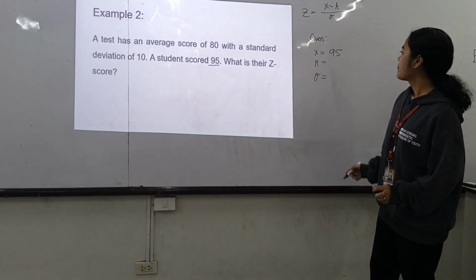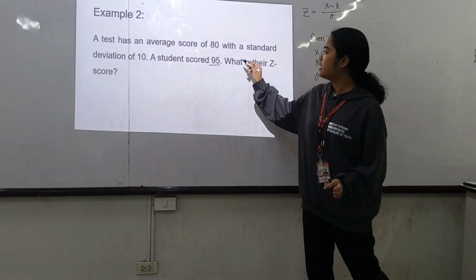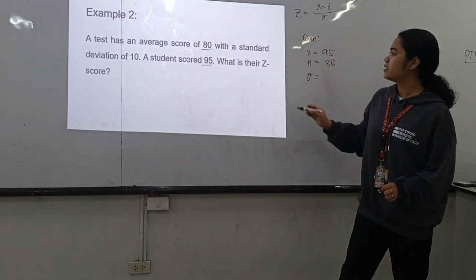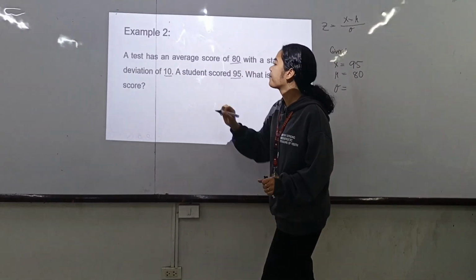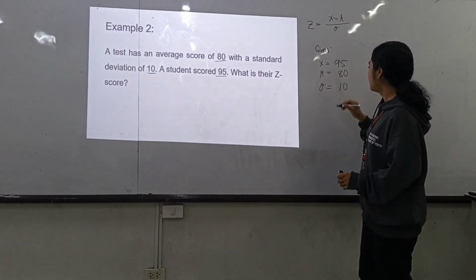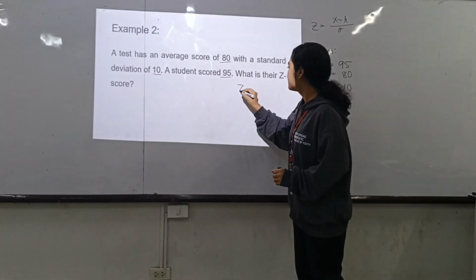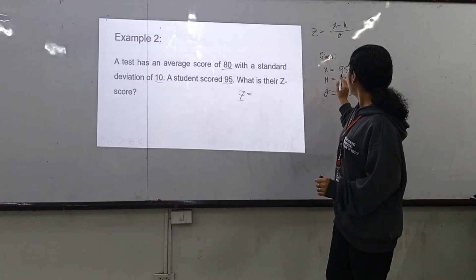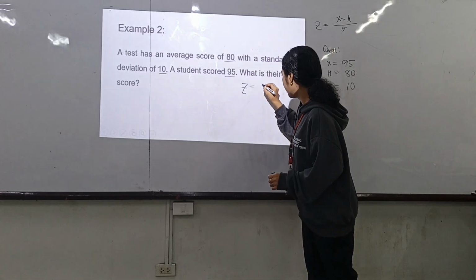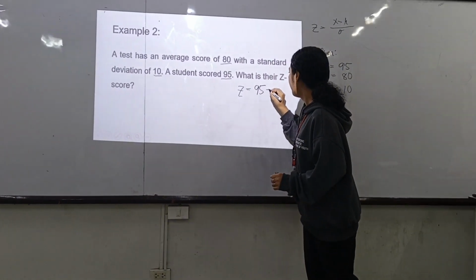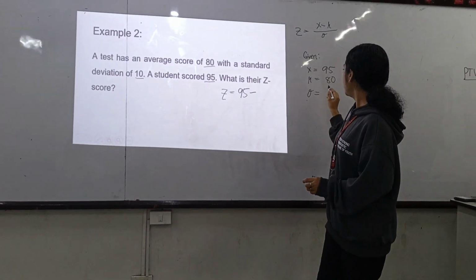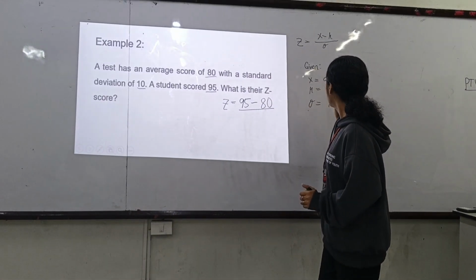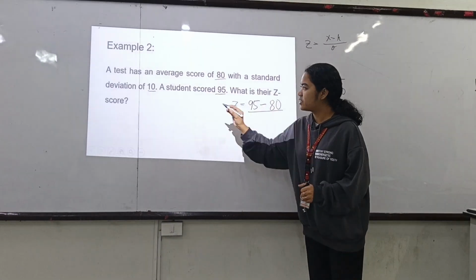And our mean is 80. And our standard deviation is 10. So now, let's substitute the given values in the formula. Z is equal to 95 minus the mean, which is 80, divided by the standard deviation, which is 10.